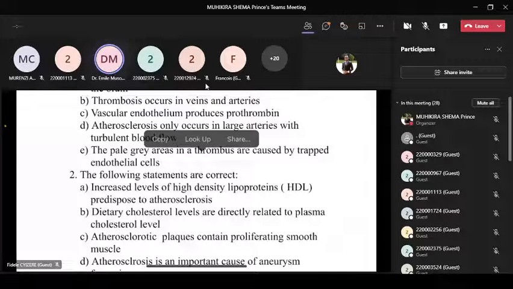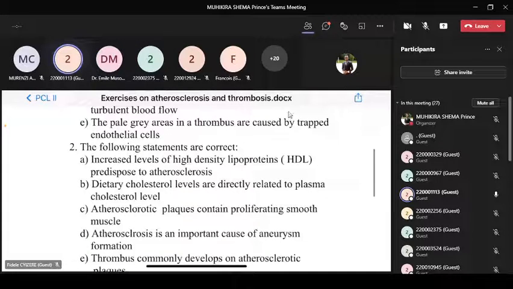Number E is false. The pale gray areas that appear in a thrombus are not caused by trapped endothelial cells.